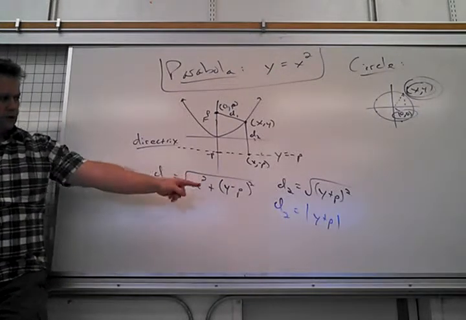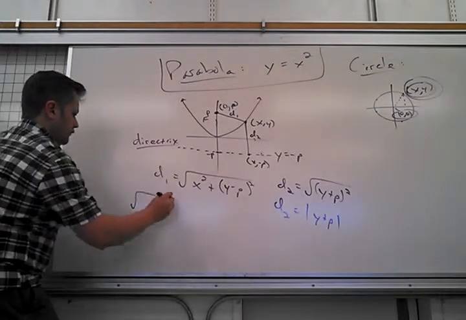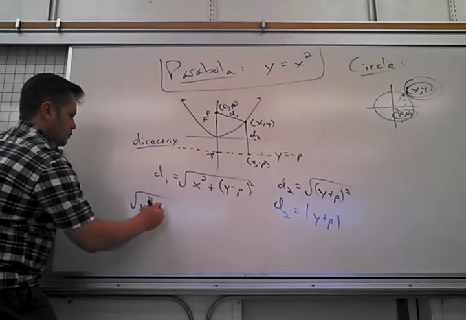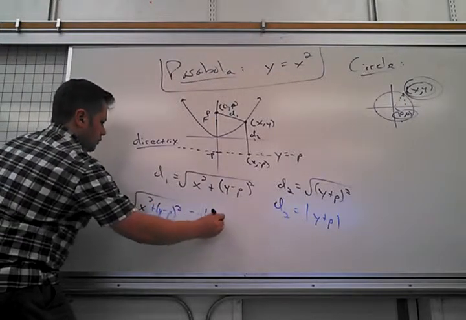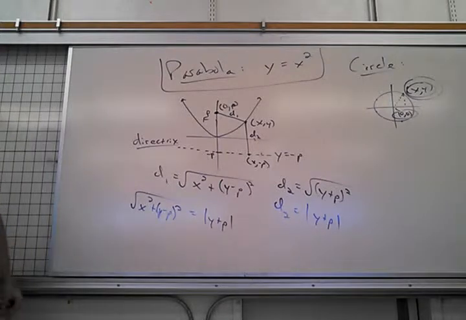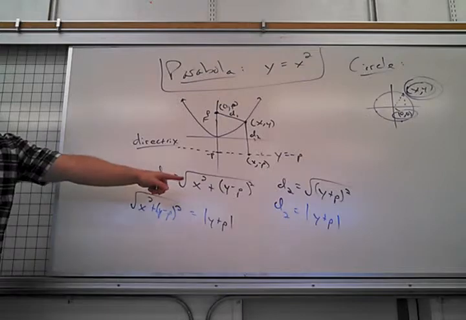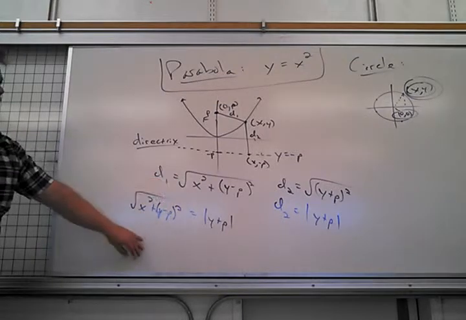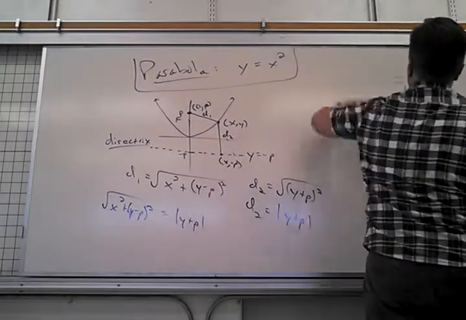So what are these two supposed to be? Equal to each other. So I have the square root of x squared plus y minus p squared has to equal y plus p. And the first thing I can do is take a square of both sides to kill that square root.